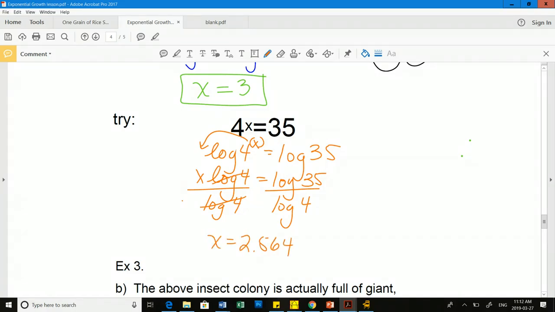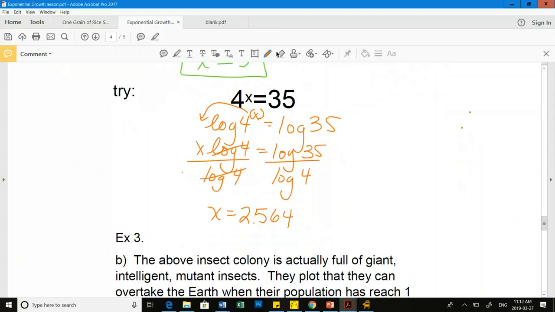2.564. Beauty. Okay, so please make sure you can get that on your own calculator. If you're not 100% sure if you calculated it correctly, you are going to do a quick little check, and you're going to check to see if 4 to the exponent 2.564 is going to give you approximately 35.